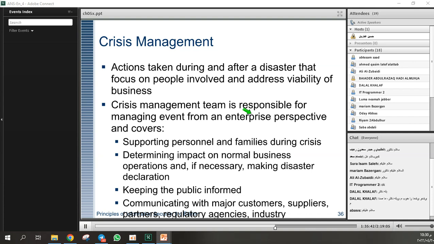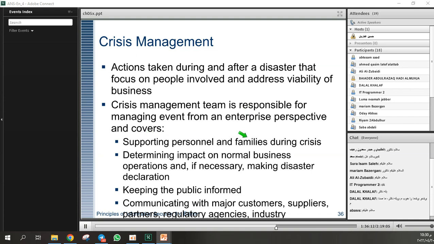When we are talking about the crisis management team, it is responsible for managing events from an enterprise perspective. So we have a crisis management team. From an enterprise perspective, the university must have a crisis management team.